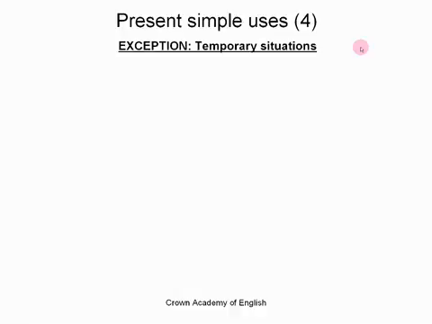And we also said that normally temporary situations, or situations which are happening now, normally we use the present continuous form for those situations. But there are just a few exceptions, okay? And this is what we are talking about here.